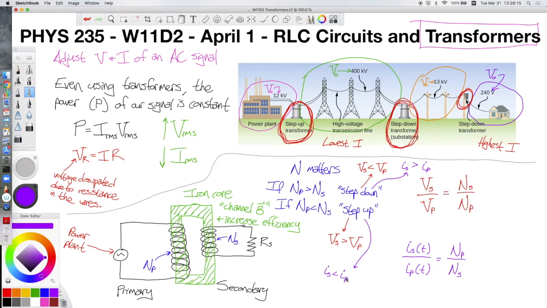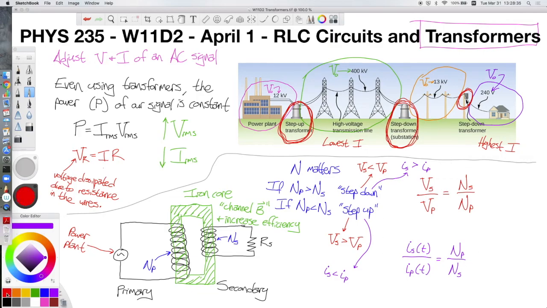So this is the basis of transformers and basically what I want you to understand about them, which is the fundamental idea of how they work, the idea behind why we would want to use a transformer to raise or lower the voltage, as well as the general equations for how voltage, current, and the number of turns are related to each other.